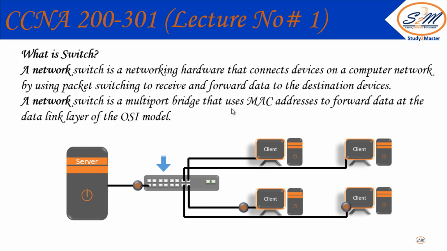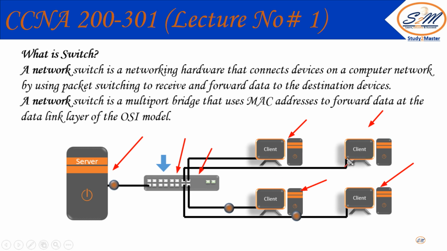Now we have a diagram of a network here, and we point to a switch. This device is called a switch. These four clients are connected via this hardware, called a switch, and the server's responsibility is to provide information for these four clients.